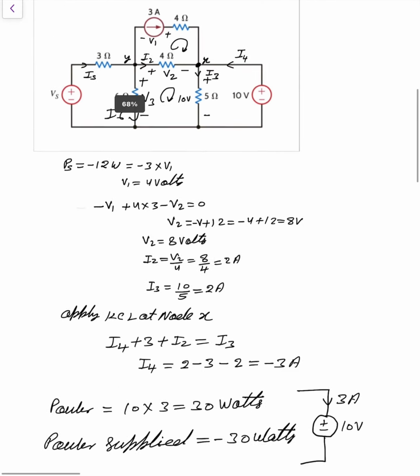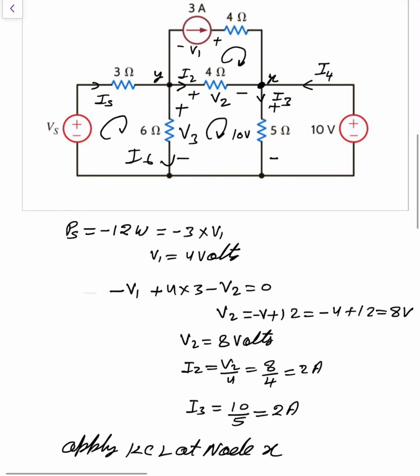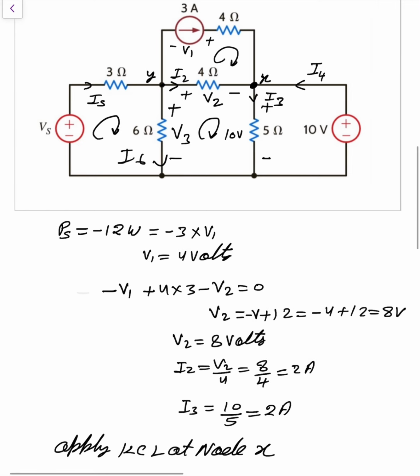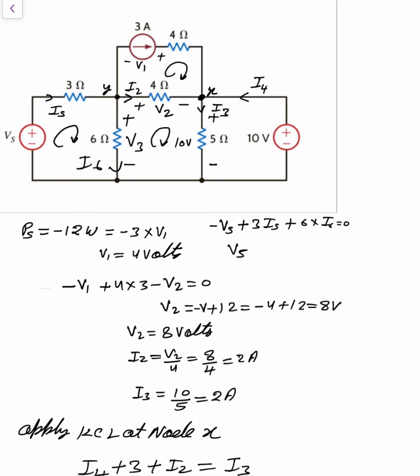Our target is Vs. Apply KVL in this loop. So minus Vs plus 3 into Is plus 6 into I6 is equal to 0. So Vs is written as 3 into Is plus 6 into I6. What about Is?